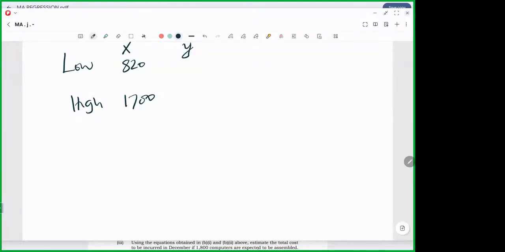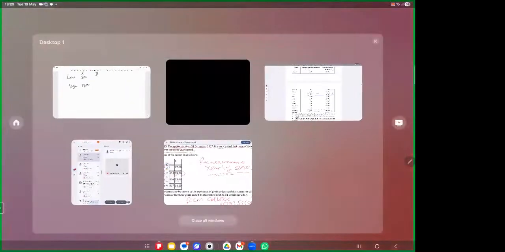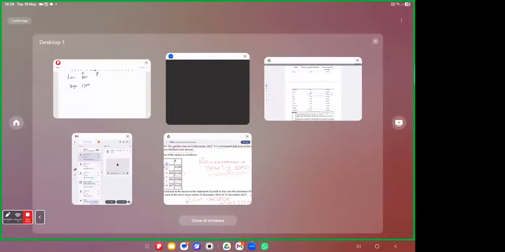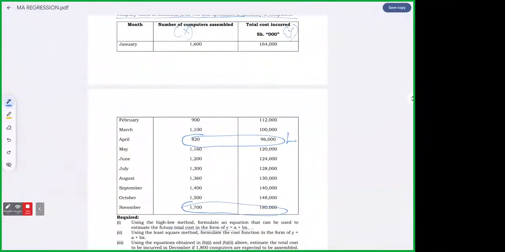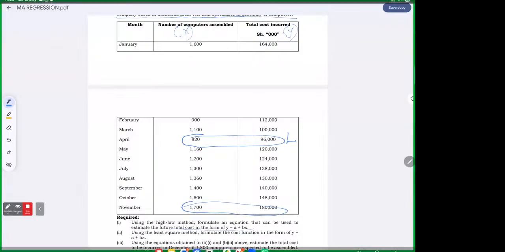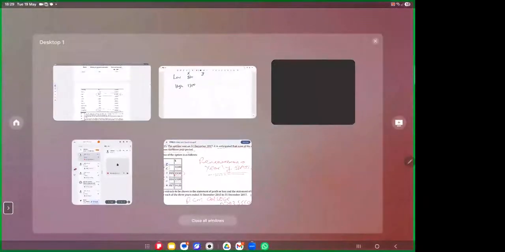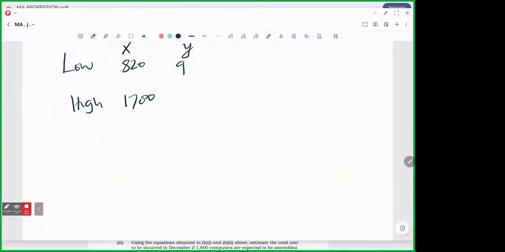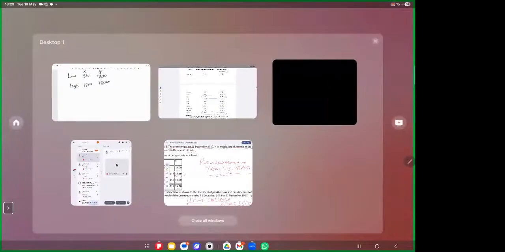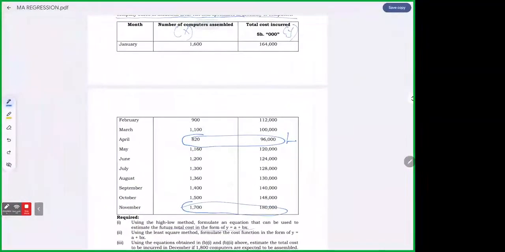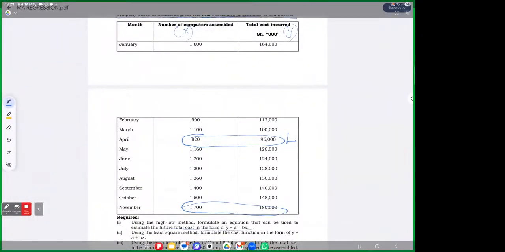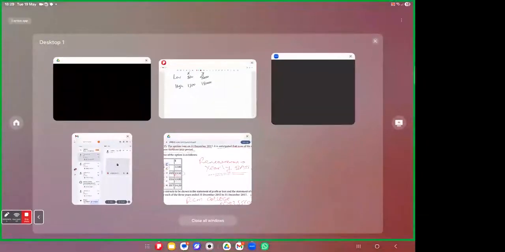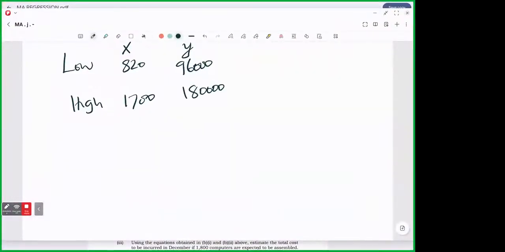And the Y that we happen to have is 96,000 and 180,000, 96,000 here and 180,000. I should be able to confirm 96 and 180. So I'm sorted out, and once I have this, I know what should follow.